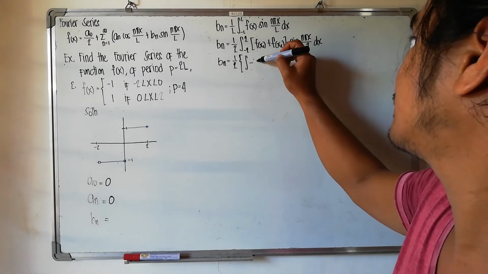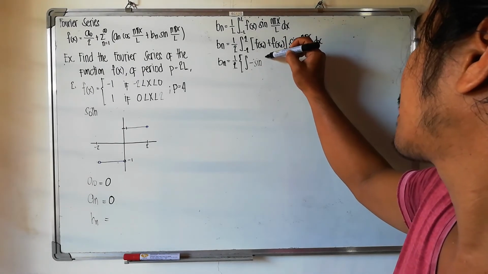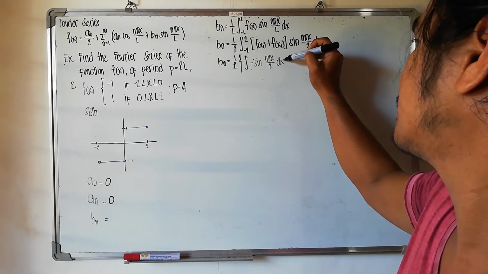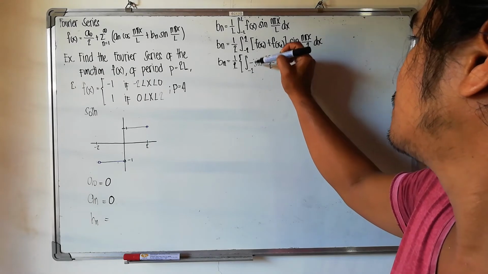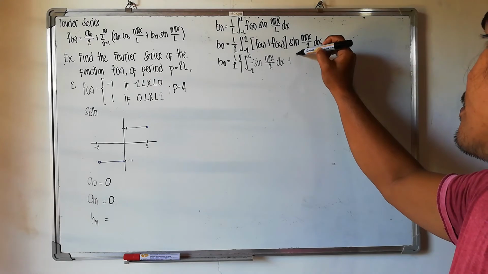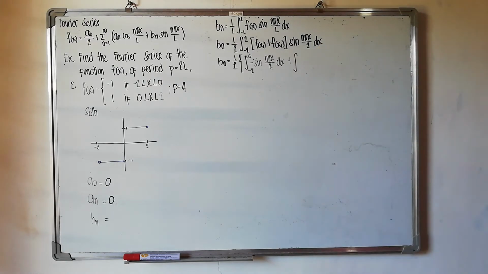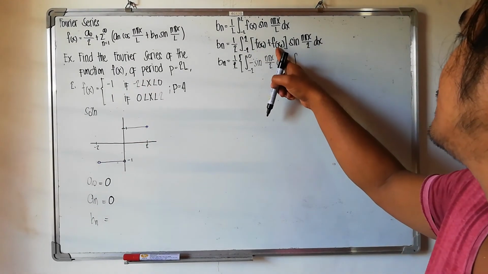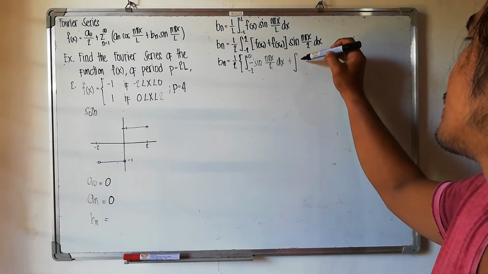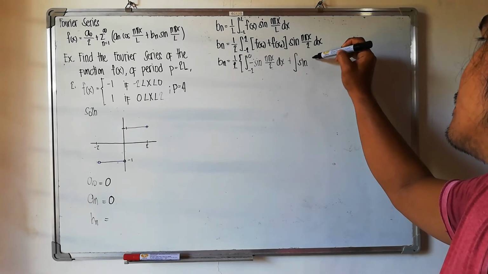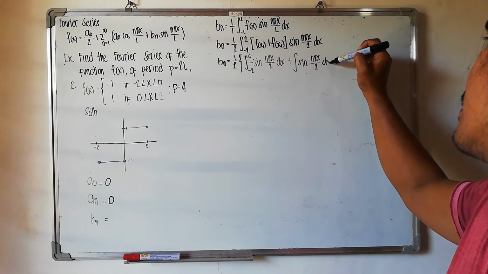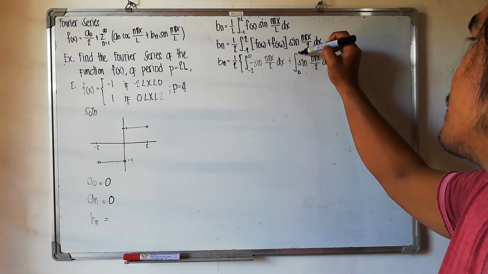This will be negative sine n pi x over 2 dx from negative 2 to 0, plus you have the second function, so that will be positive 1 times sine n pi x over 2, so that will be sine n pi x over 2 dx from 0 to 2.